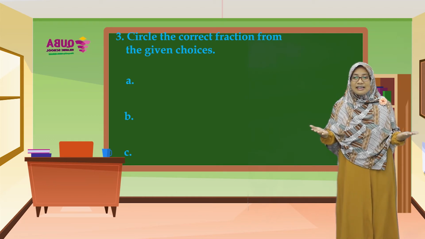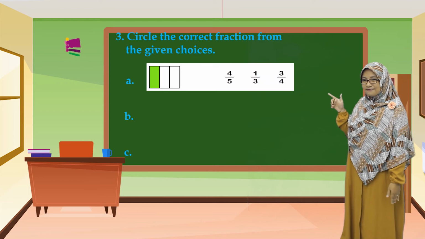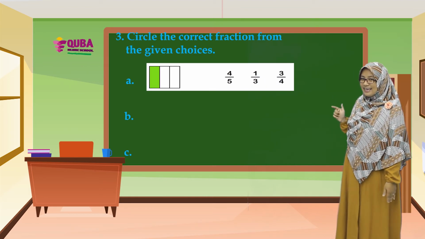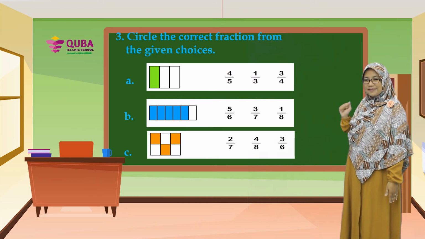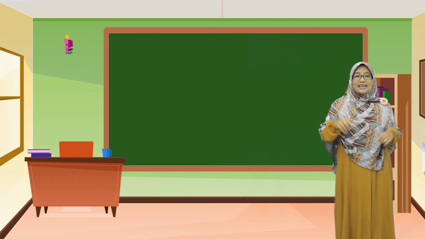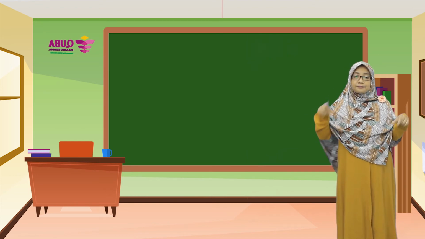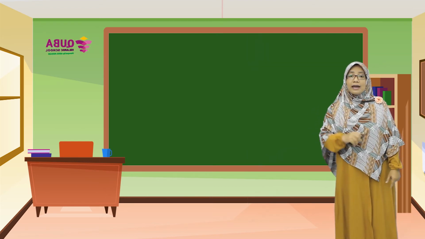Circle the correct fraction from the given choices. Look at the picture A, B, and C. Okay, don't forget, you may answer in the comment column, and don't forget, write your name and class.